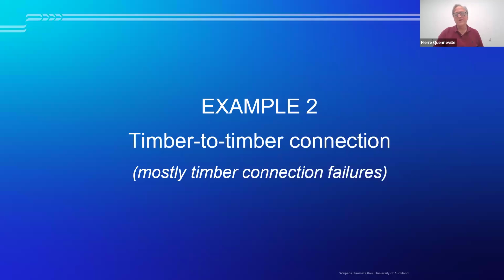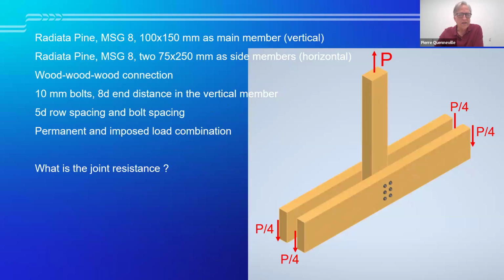So that example was one very simple connection, but mostly involving steel. The next one is different: a timber to timber connection. And in this one, it's mostly timber connection failures that we have to deal with.